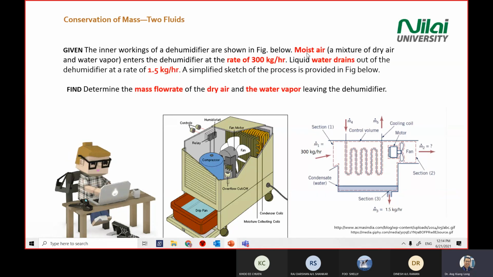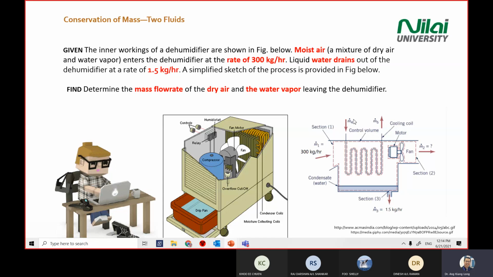Okay, so I already highlighted all the important words given by the question. You have mixture air, you have water, and you have dry air coming in and coming out of the system. And as you can see here, there's M4 and M5.